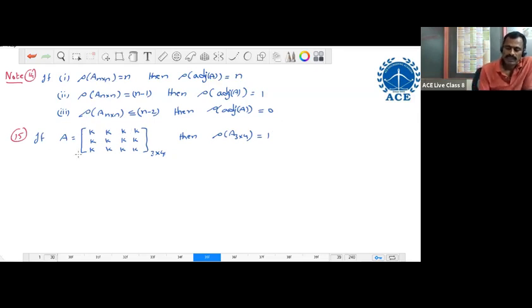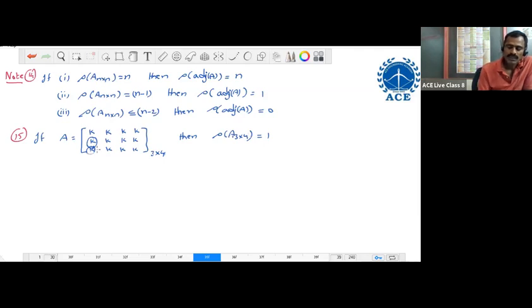This given matrix is not in echelon form, but we reduce it to echelon form. According to our reduction method, we start with the first column. Below the first element, we make these two zeros using the first row. The last two rows will become zero rows, and only one non-zero row will be left. That is, the rank of this matrix is equal to 1 only.